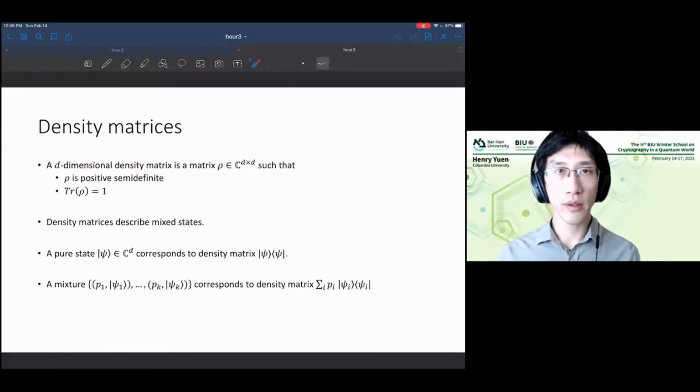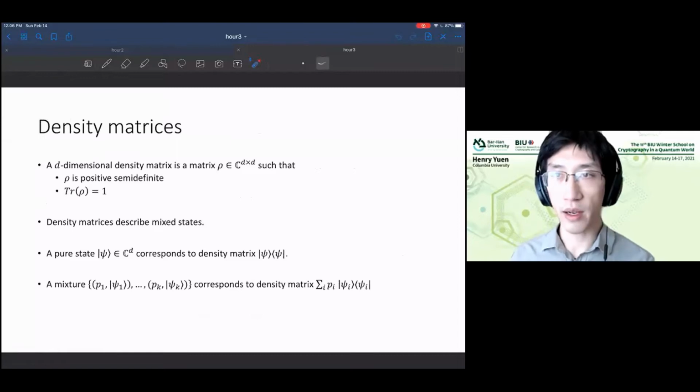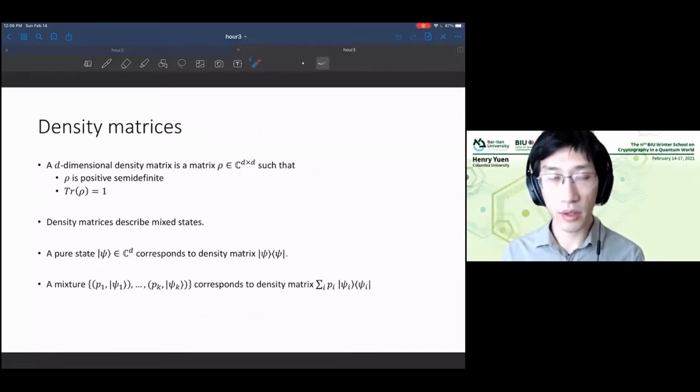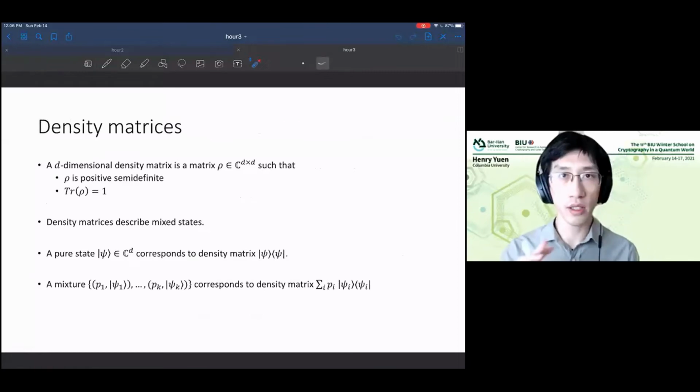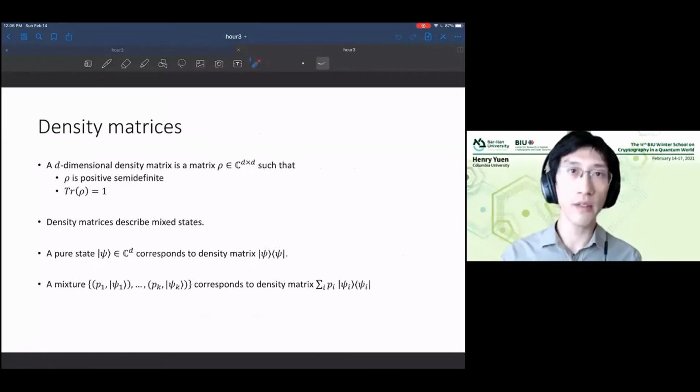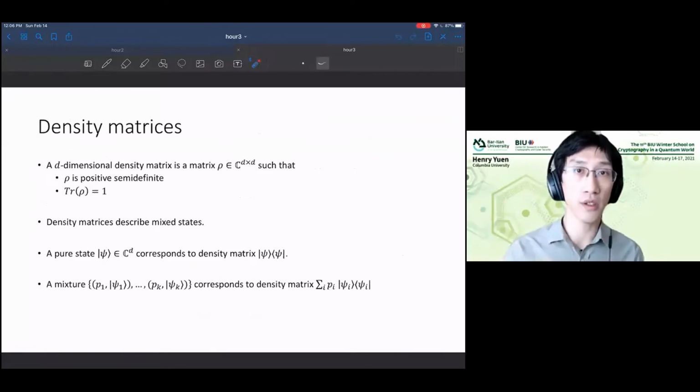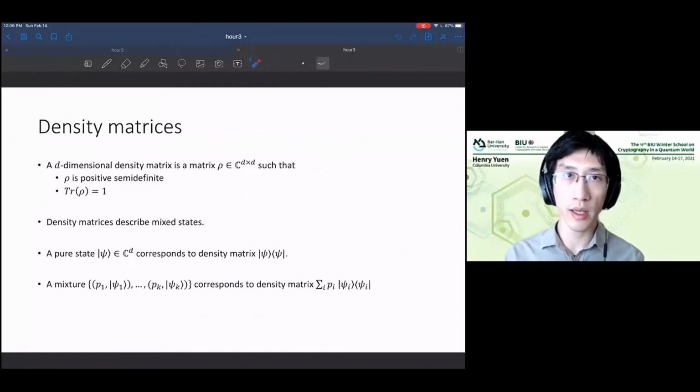And in order to mathematically describe this mixture, we use something called the density matrix formalism. So now we're going to make this change of formalism, where instead of describing states by vectors, we're going to describe them by matrices. And it turns out that this is the right way to think about a probabilistic mixture.